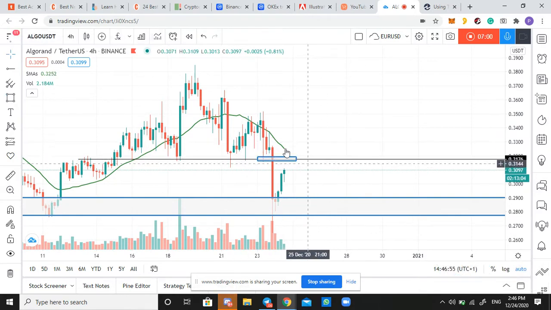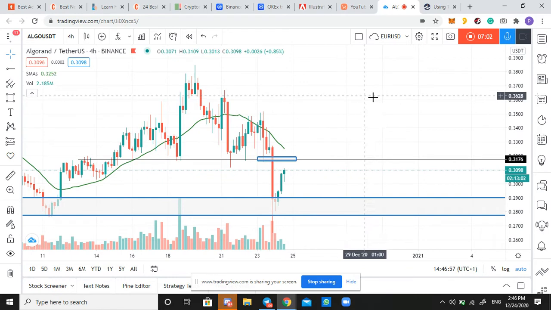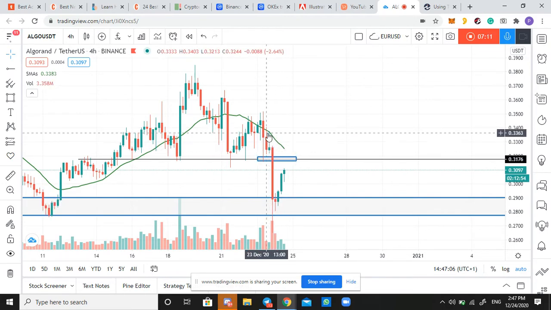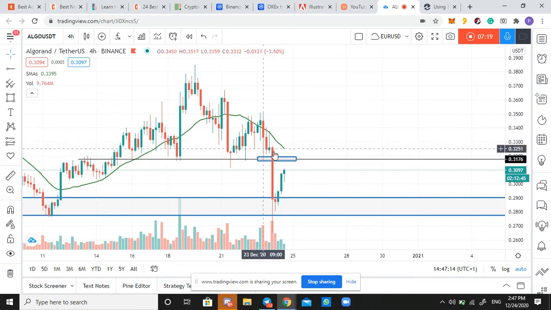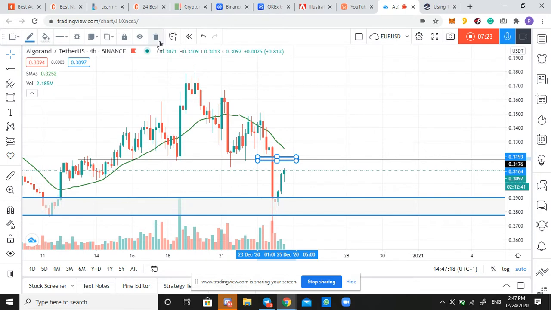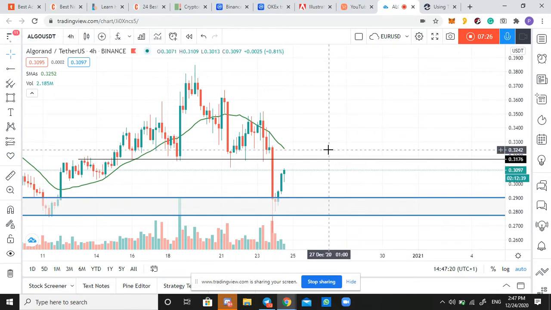Okay, so when price got back here, I just waited for this green candle to complete its formation, because I thought, okay, this might end up being an engulfing candle, and it might go up a little before dropping again, but it came back down and we had a very low momentum green candle.